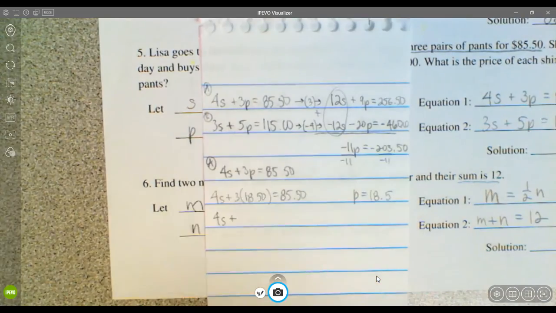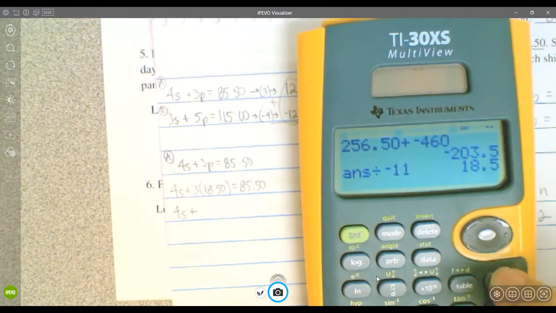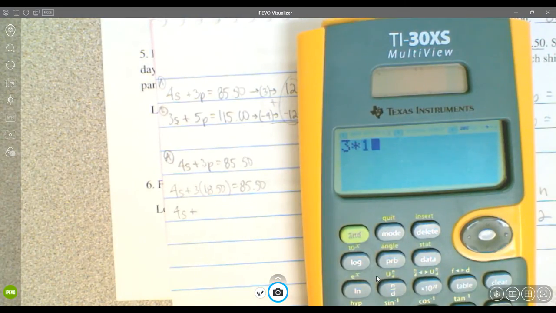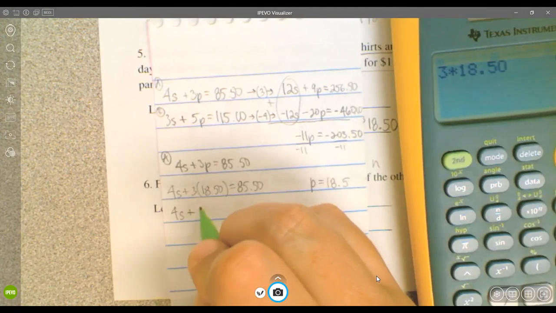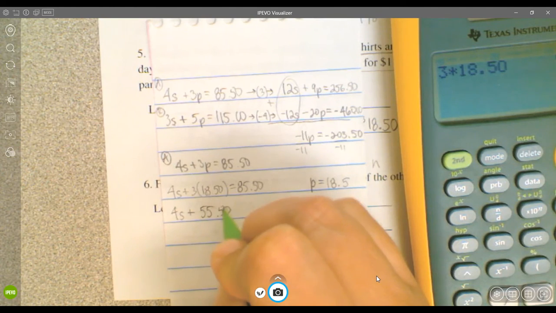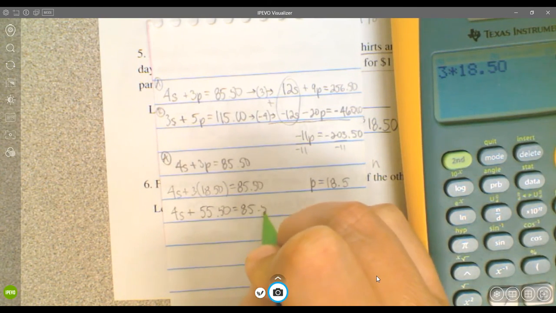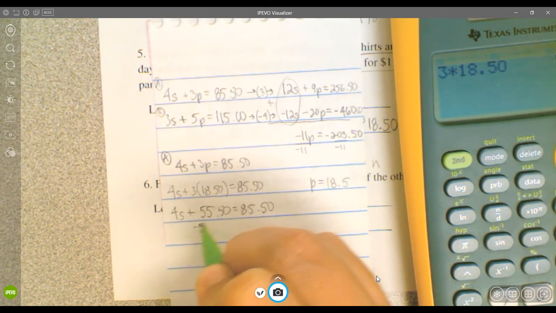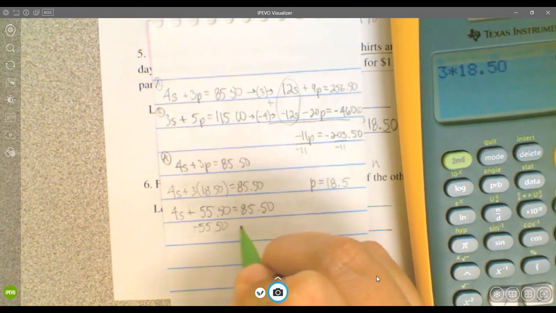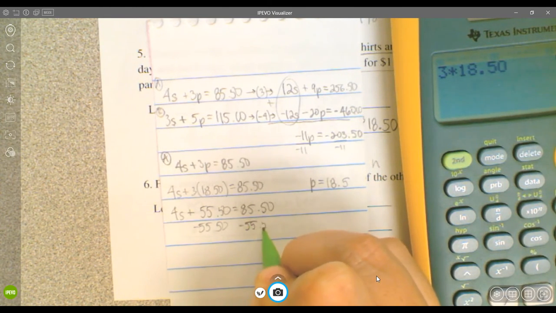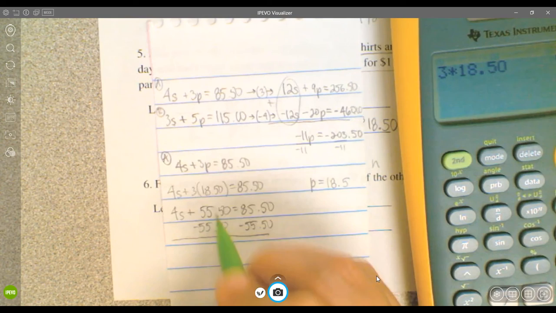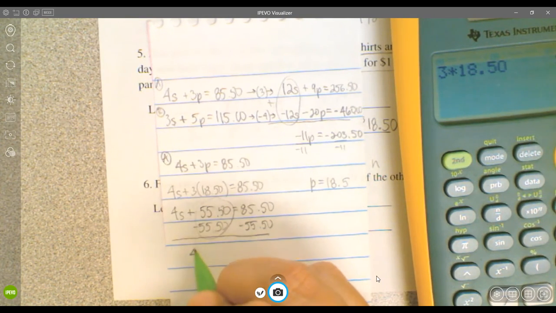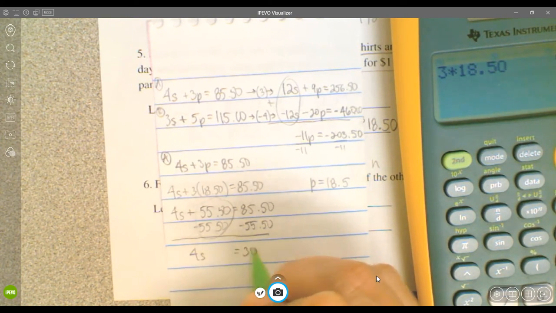And again, I'm going to multiply. 3 times 18.50, we'll get 55.50. See why I saved this for later? There's so much. So 4S equals 30.